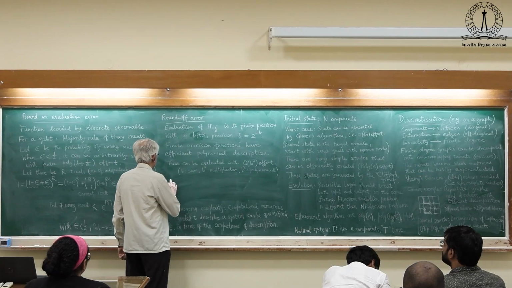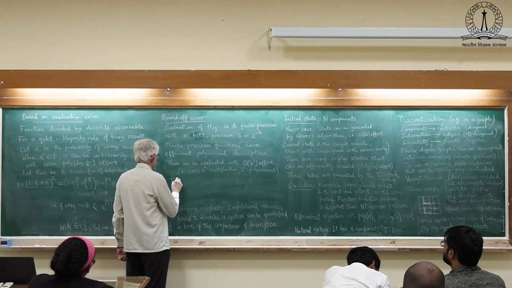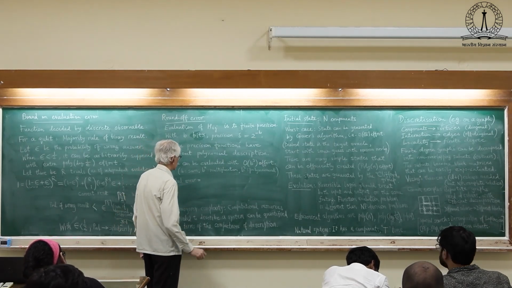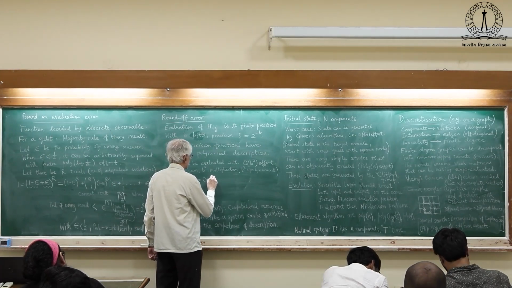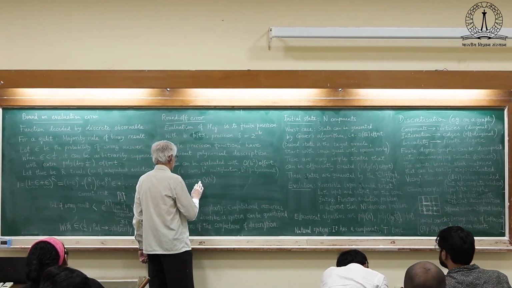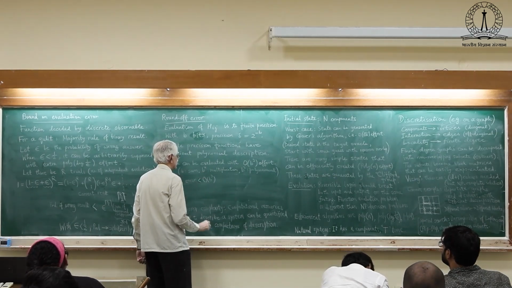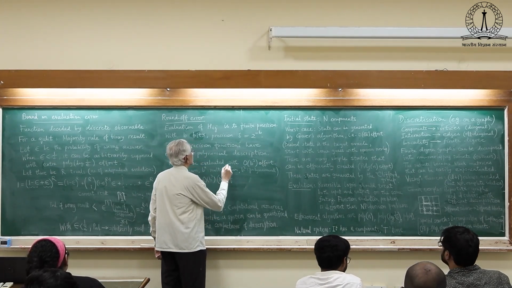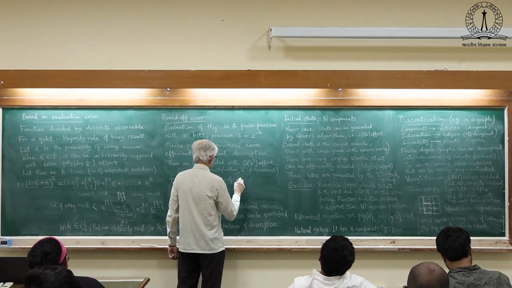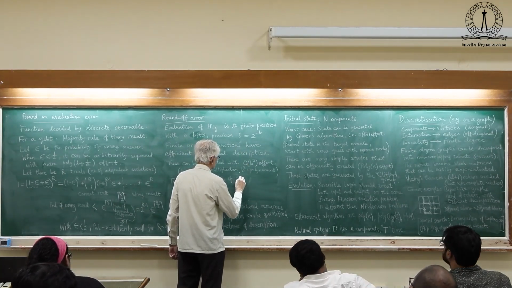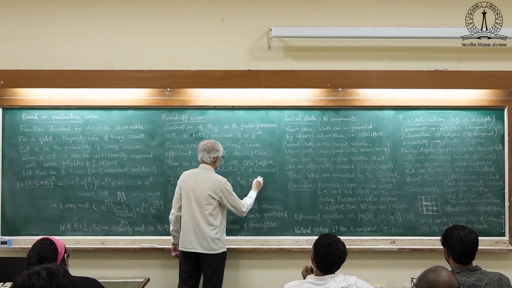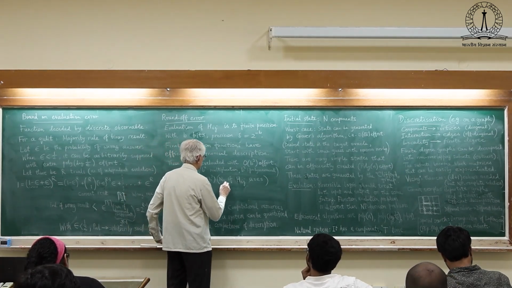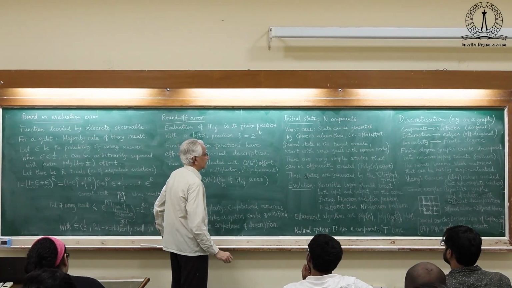And then the total error is just going to be order b cube, or rather it's bounded, times the number of uses in whatever the algorithm.